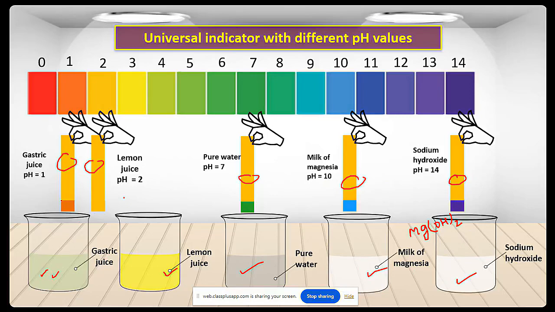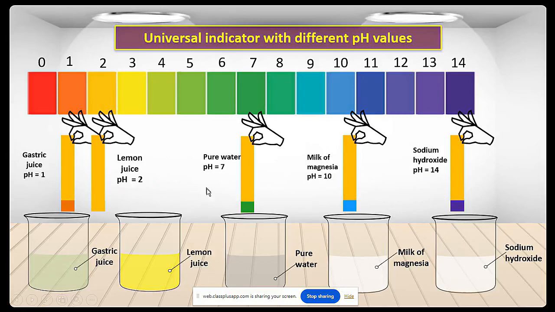The gastric juice pH value is 1, lemon juice pH value is 2, pure water pH value is 7, milk of magnesia pH value is 10, sodium hydroxide pH value is 14. Is it clear? This is the way to identify the pH value of the following juices. You can do this activity in the lab as well. In the next session we'll discuss the importance of pH value in our daily life.